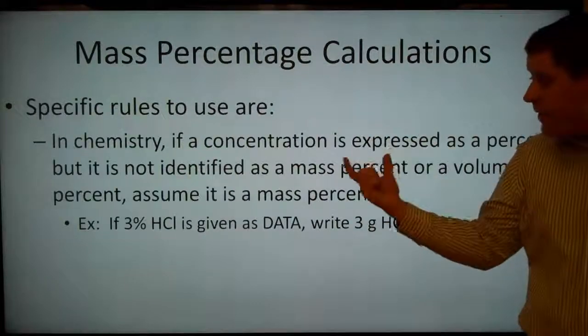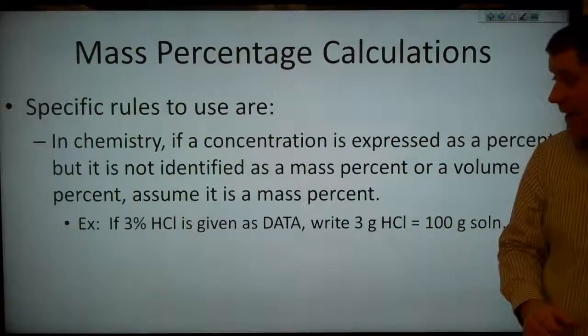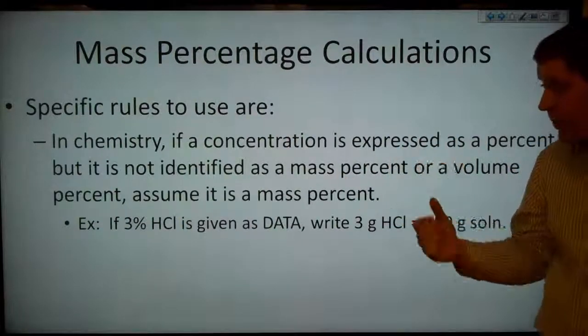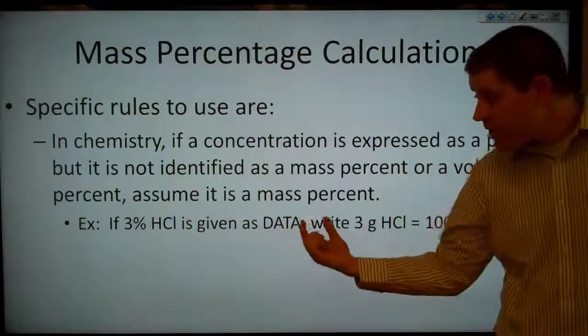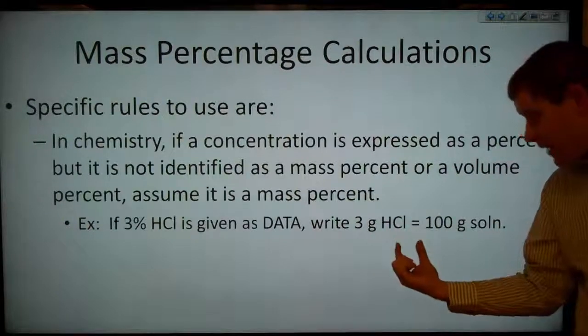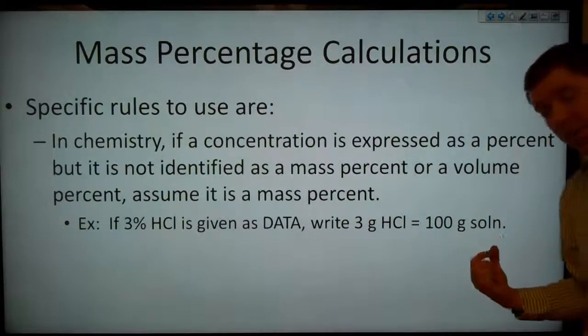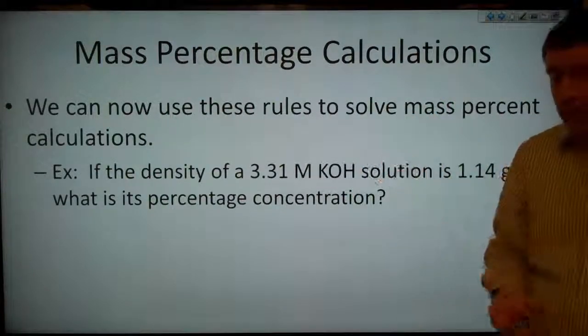In chemistry, if a concentration is expressed as a percent, but it is not identified as a mass percent or a volume percent, then assume that it is a mass percent. For example, if 3% HCl is given as data, then write 3 grams of HCl is equal to 100 grams of solution. So we can now use these rules to solve mass percent calculations.